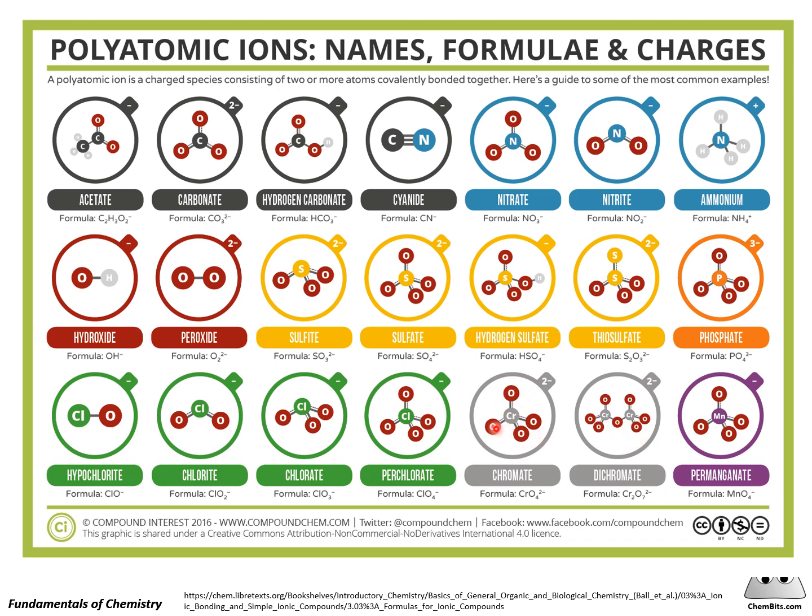So chromate, chromium is a transition metal. CrO4 -2 is that polyatomic ion. Dichromate is Cr2O7, again -2. So structurally, that's what that one looks like. And permanganate is a very common polyatomic ion that we use in a number of reaction situations. So permanganate is MnO4 minus 1.